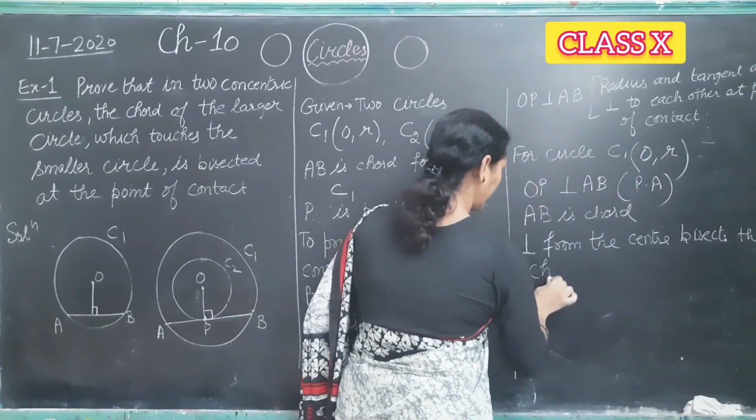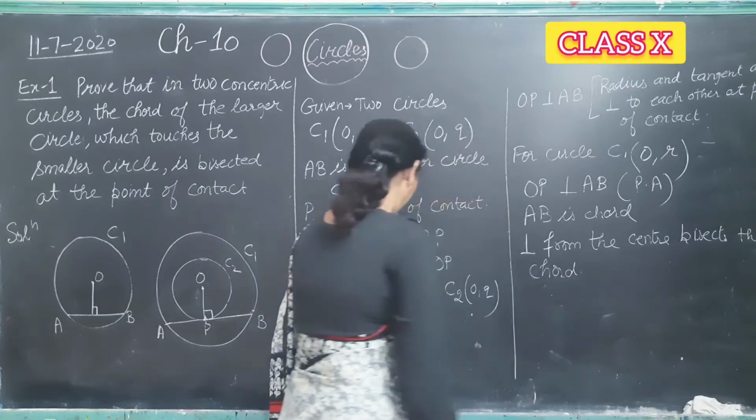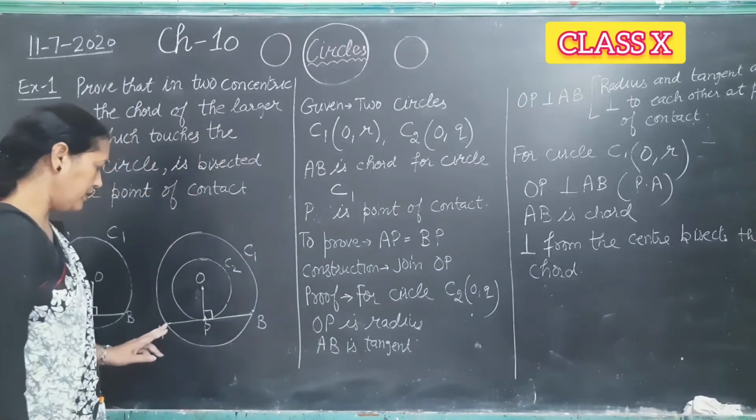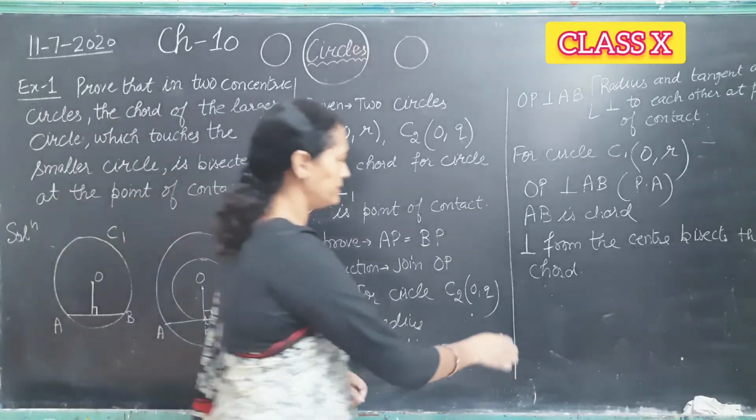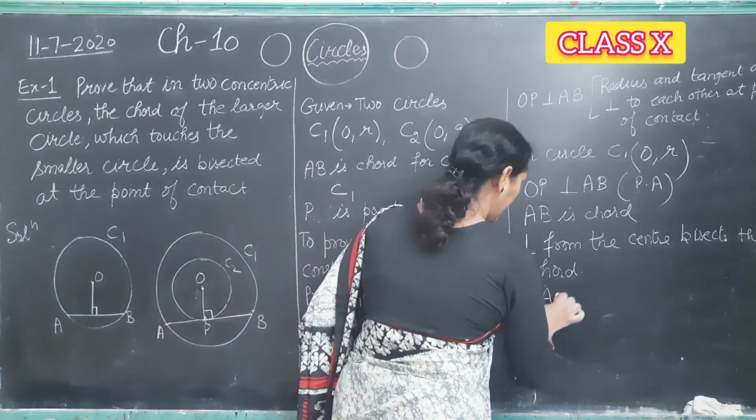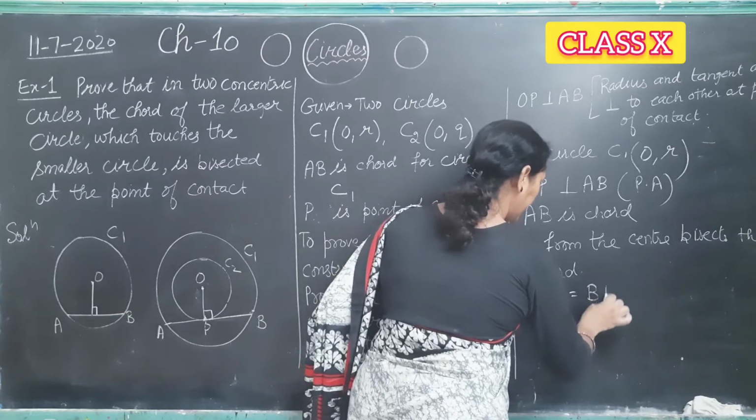That means we have proved that OP is bisecting AB, means AP is equal to PB. This implies AP equals BP.